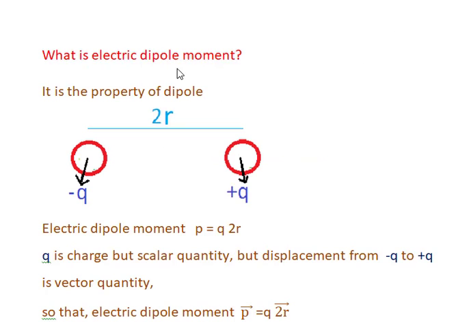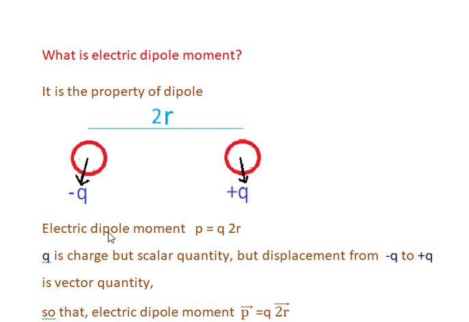Then what is electric dipole moment? The electric dipole moment is nothing but a property of a dipole. Already we have mentioned the magnet is made up of dipoles, one positive and another negative. Suppose we consider two types of charge, minus Q and plus Q charge in electricity. They are separated by a distance 2r.